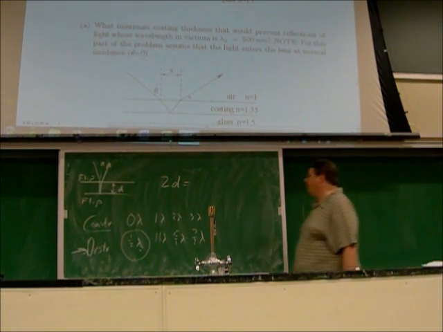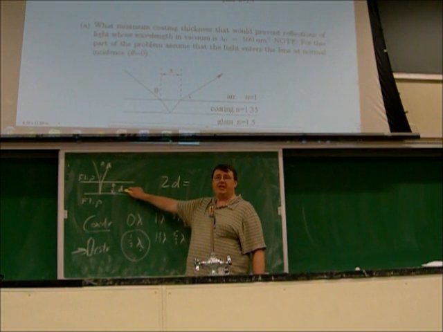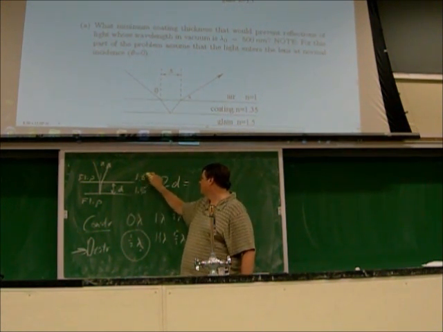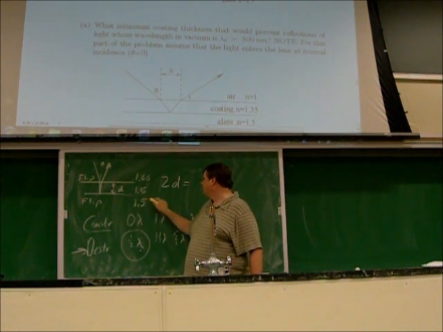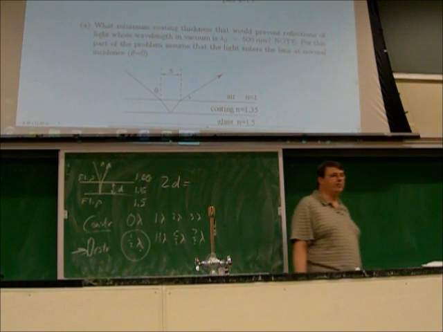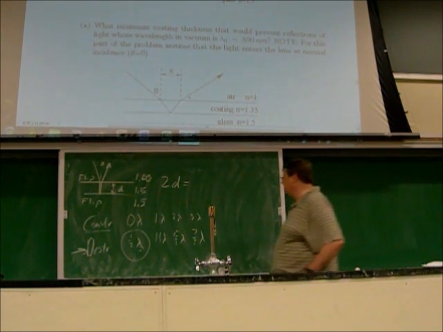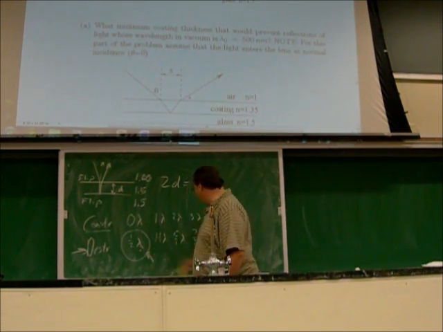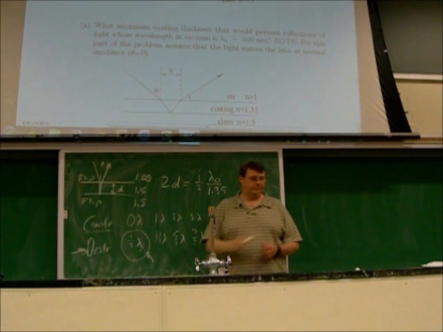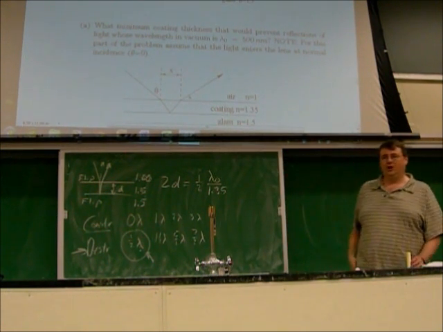The reason is that while you are in this medium of thickness D, you're in the index of refraction of 1.35. So twice D should be half lambda 0 over 1.35.